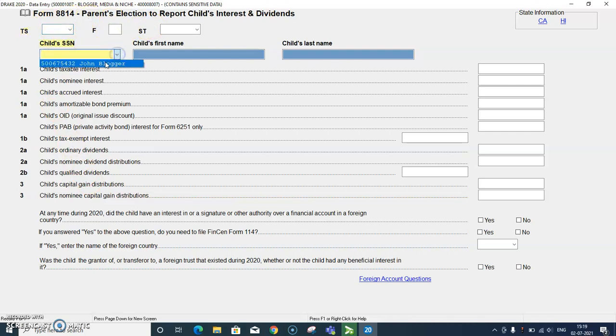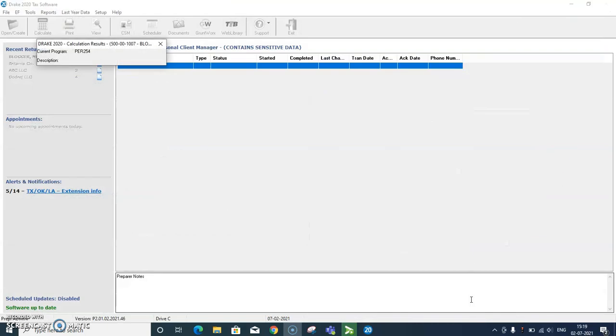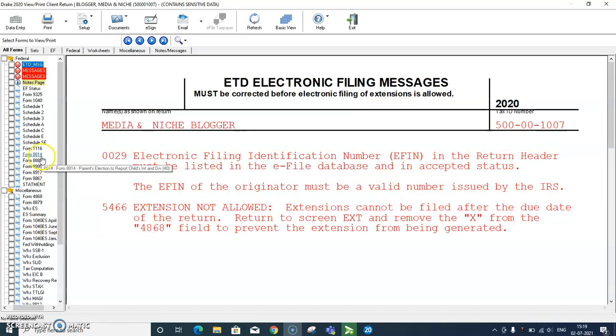First you have to mention the child's SSN, their name, and I am selecting child's taxable interest as $2,000. Now Control V. You can see Form 8814 has been generated.